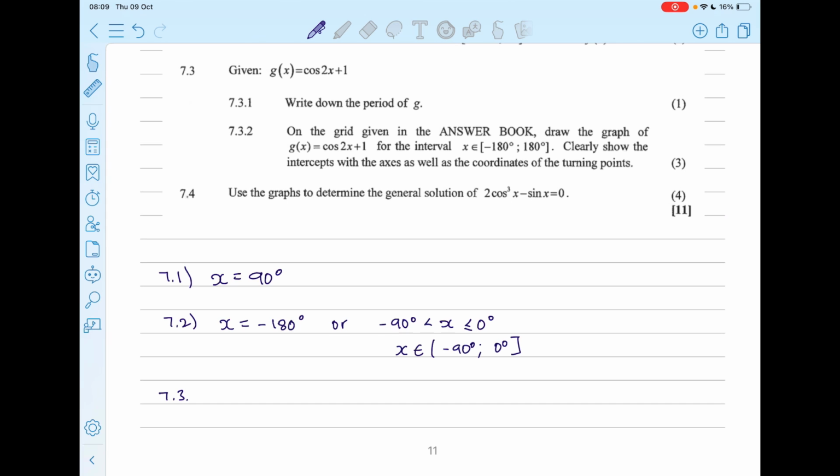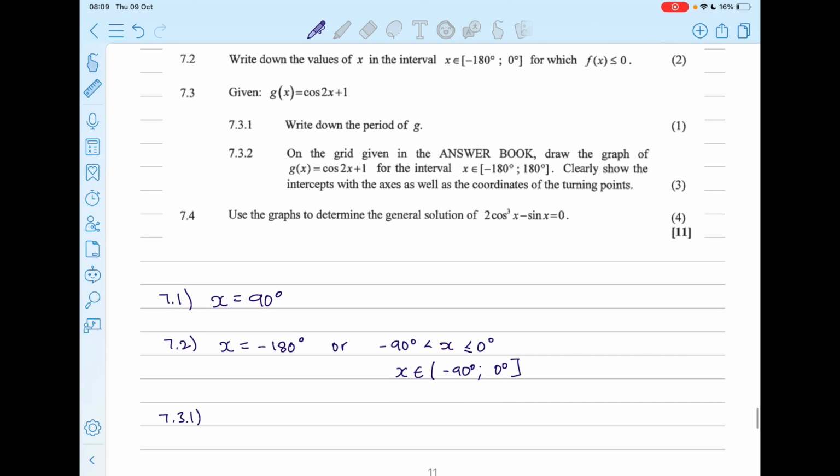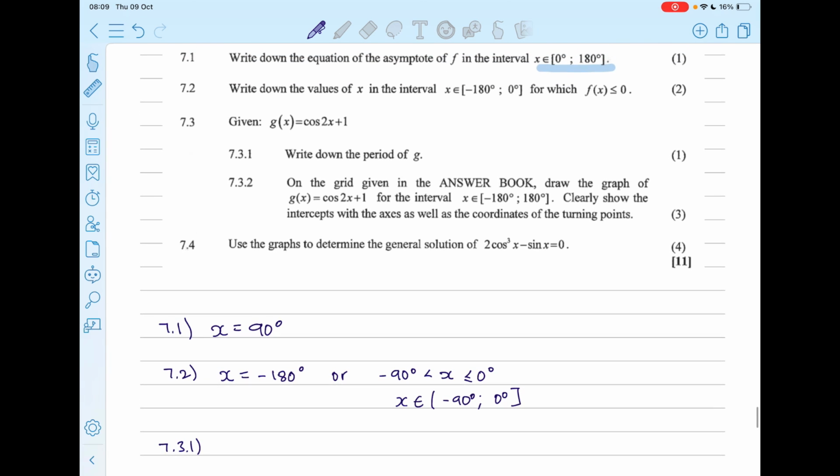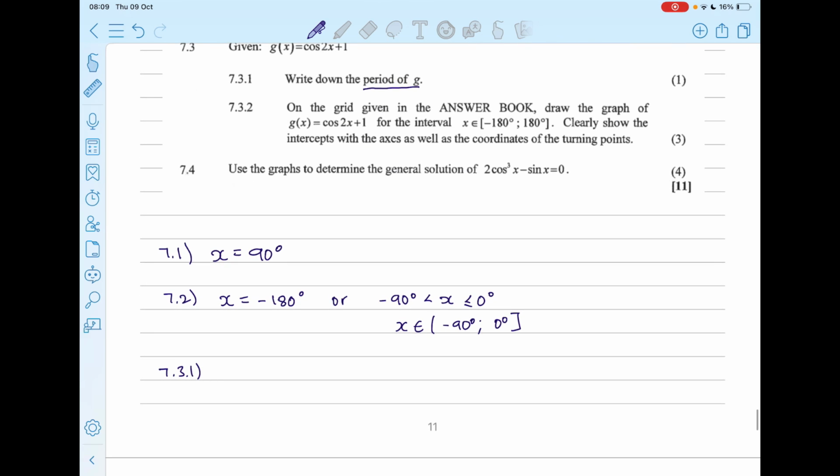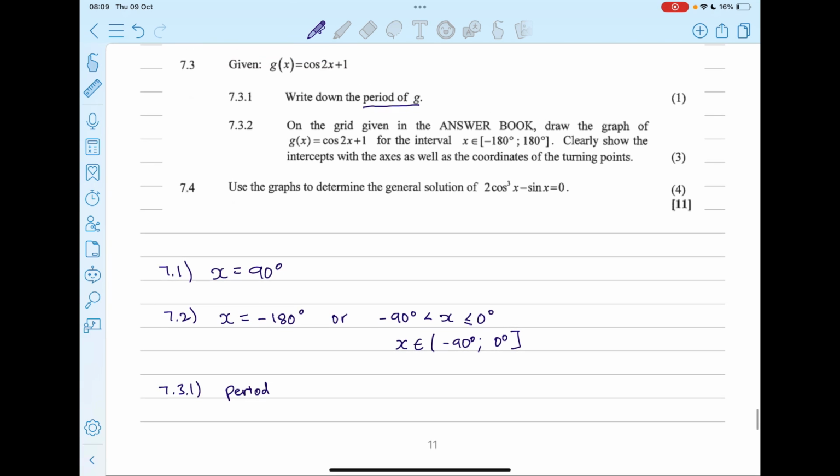Okay, moving on to 7.3.1. We've been given the graph of g of x is equal to cos 2x plus 1, and they want us to write the period. So to determine the period of a function, here we're looking at cos.